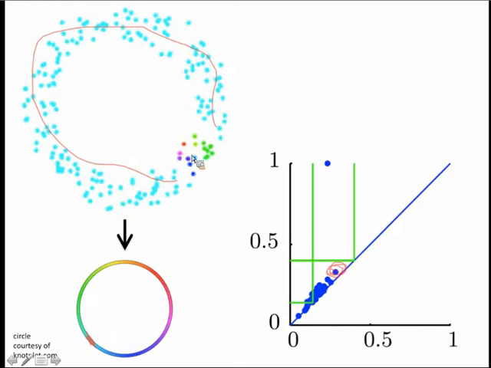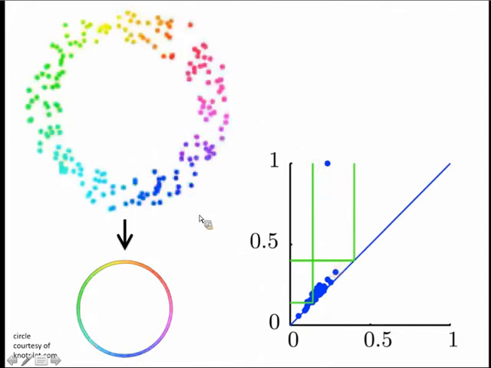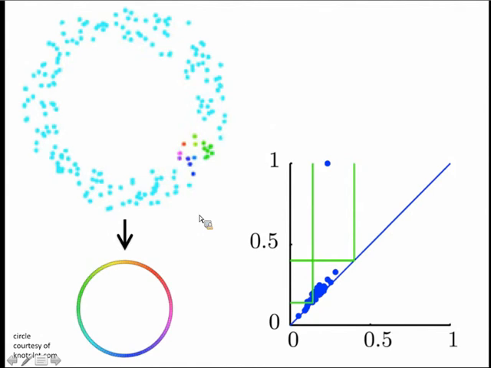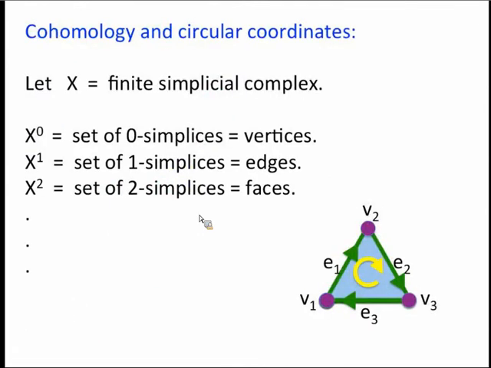We might be able to see this circle here, but that's not the circle that we're interested in. That circle does not persist. And so you want to find the circles that persist via cohomology in order to come up with this map instead of this map or other maps. So that is the motivation.